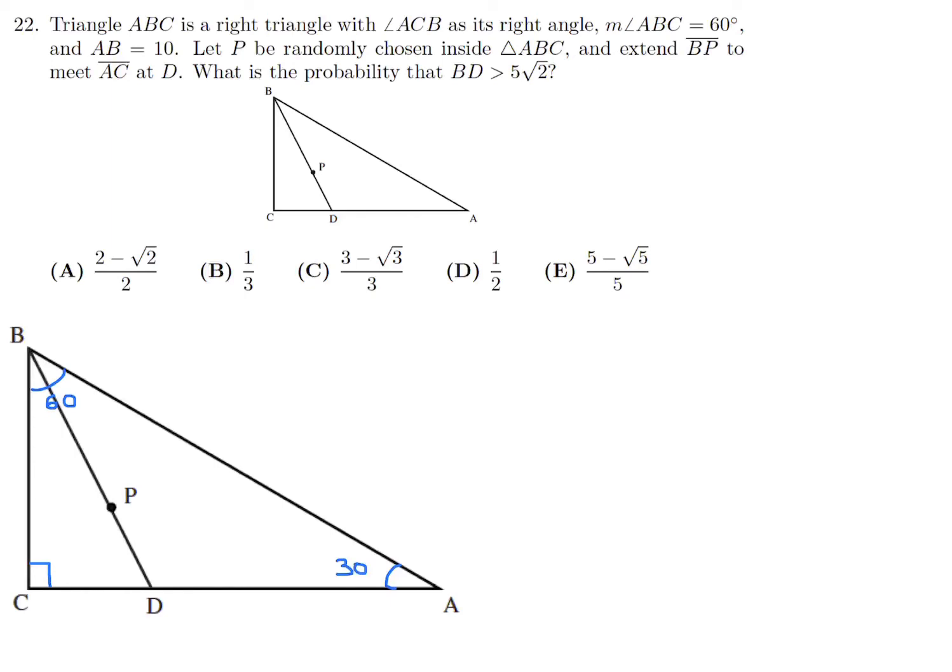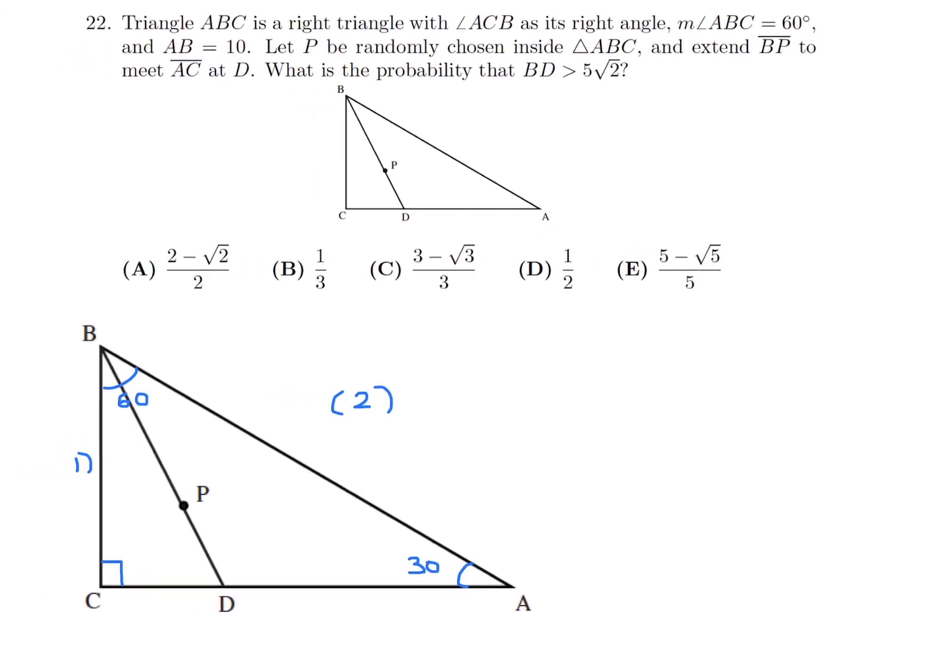And we know that the ratio of the sides in a 30, 60, 90 triangle are 2, 1, and root 3. Those ratios are always the same for 30, 60, 90 triangles.